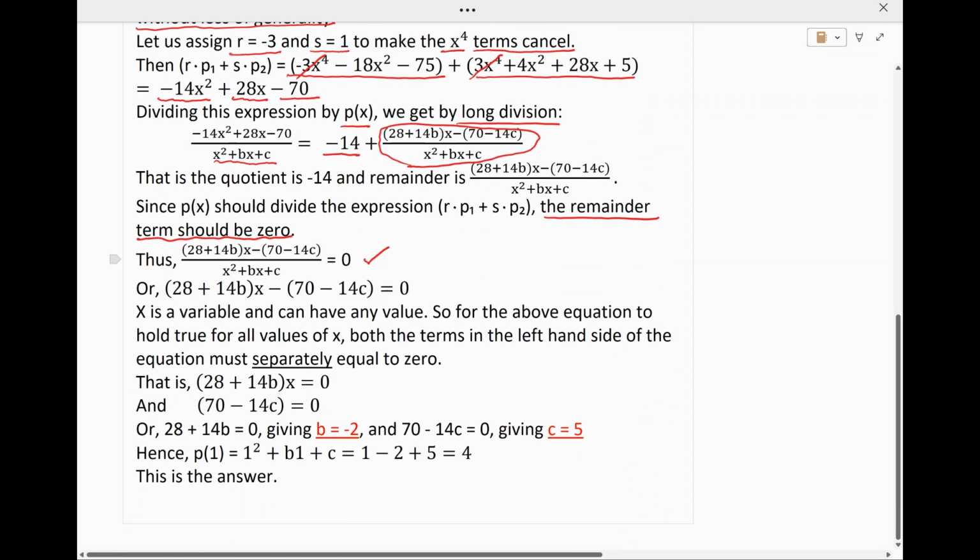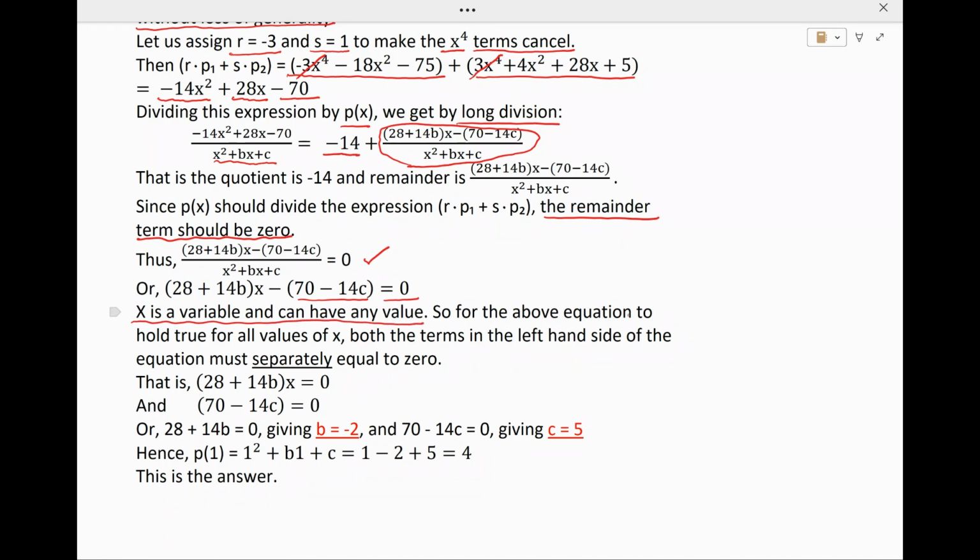This implies that the numerator of the left-hand side must be 0. That means (28 + 14b)x - (70 - 14c) = 0. Now x is a variable and can have any value.